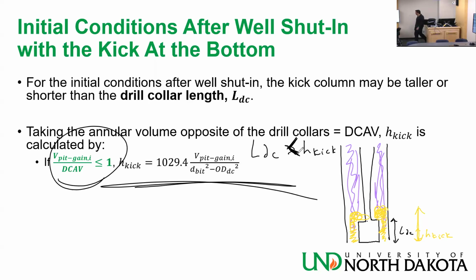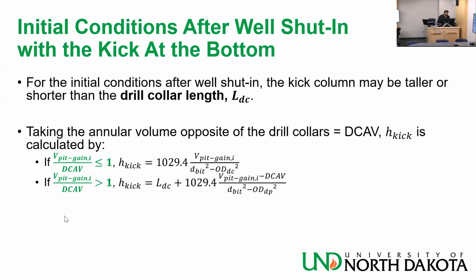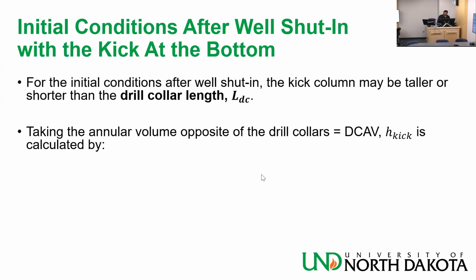I have the annulus opposite of the drill collars and the borehole, and the annulus opposite of the drill pipe and the borehole. Okay, now I'm much more complicated. In that case, I have this, right?